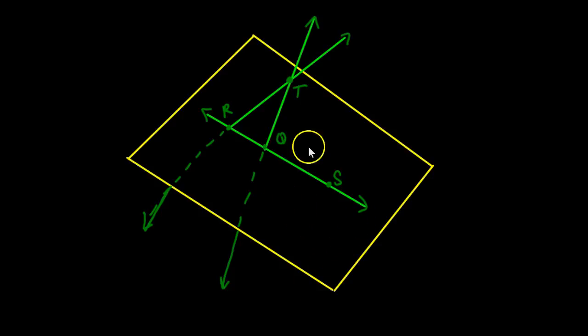Not a problem. All right, so how many planes are in this figure? Remember, a plane is defined by 3 points that are not on the same line. So we have a couple here. We have R, T, and Q, which are 3 points.